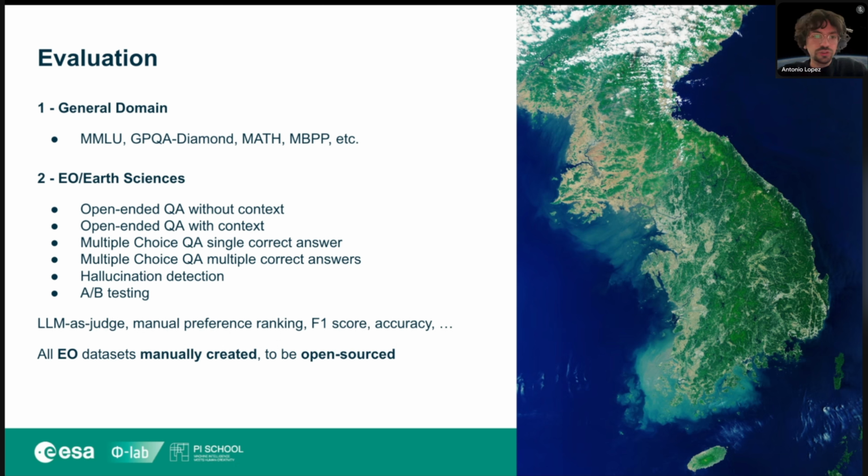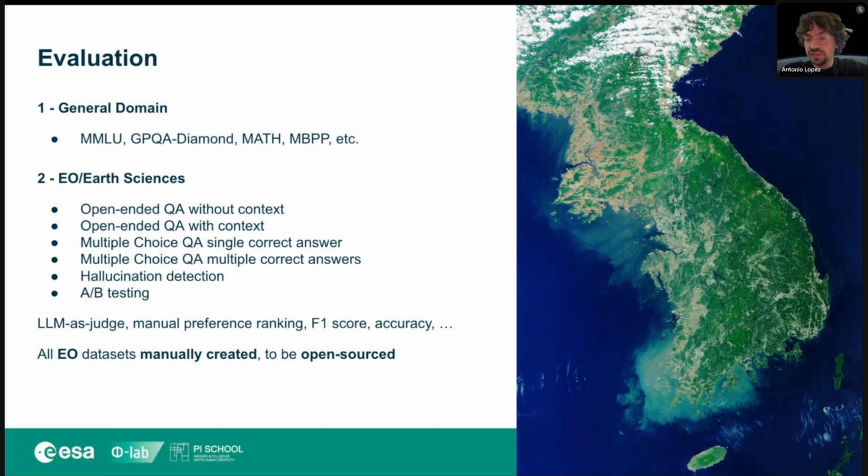Okay, so for evaluation, the two main sets of evaluation that we ran were general domain evaluation and Earth observation and Earth science evaluation. Why do we need these two sets of benchmarks? The first is to be certain that the model is not losing its general domain capability.